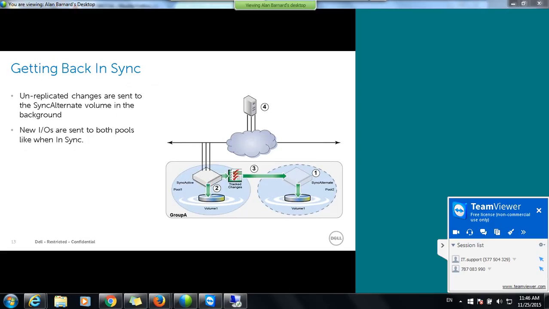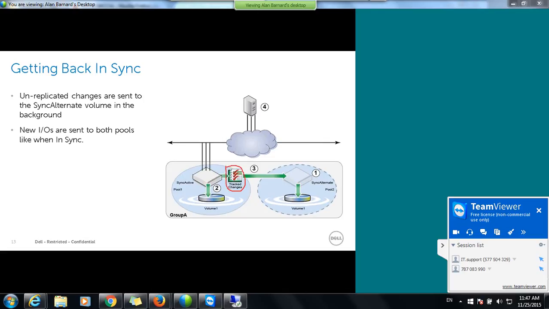So this is how you get back in sync. The unreplicated changes are sent to the sync alternate volume in the background, and new IO is sent to both pools like when in sync. So this is where you have your snapshot tracking changes.